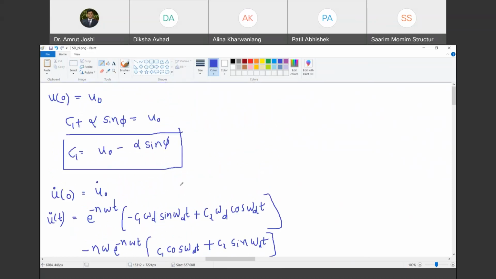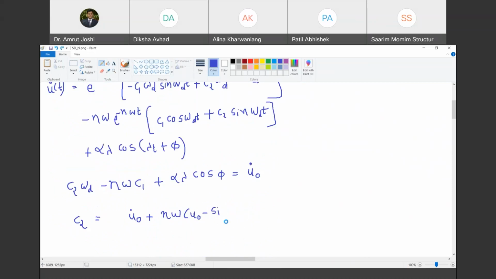Alpha sin phi. हो गया. U0 minus eta omega C1 plus alpha lambda cos phi. हाँ, ये माइनस होगा, सॉरी. And this entire thing divided by omega d.